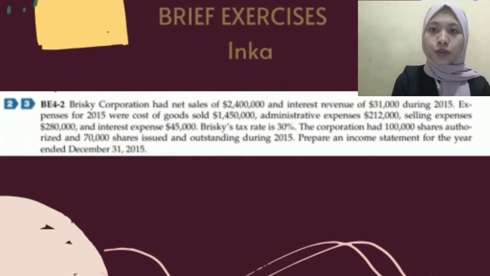Firstly, I want to present brief exercise 4.2. Brisky Corporation had net sales of $2,400,000 and interest revenue of $31,000 during 2015. Expenses for 2015 were cost of goods sold $1,450,000, administrative expense $212,000, selling expense $280,000, and interest expense $45,000.